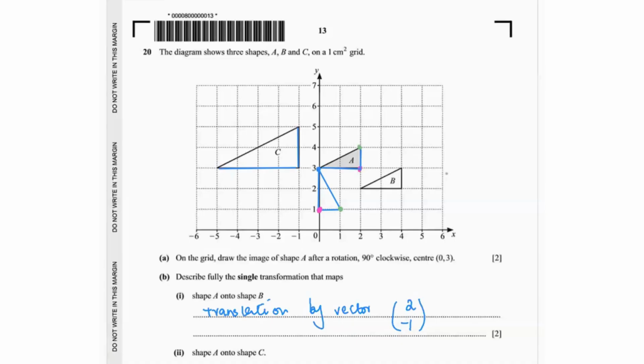Now we need to figure out the center of enlargement. For the center of enlargement, what we're going to do is join corresponding points, and wherever all of these lines intersect, that's going to be our center of enlargement.